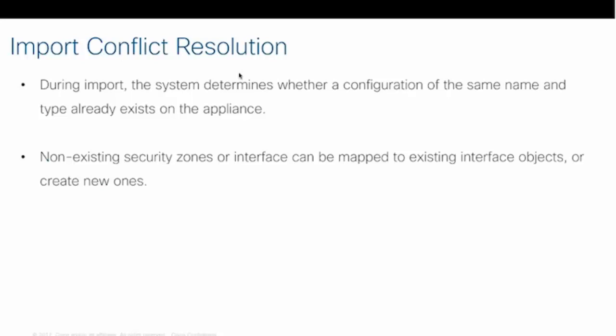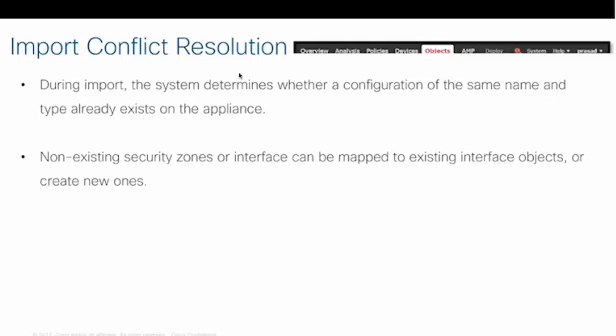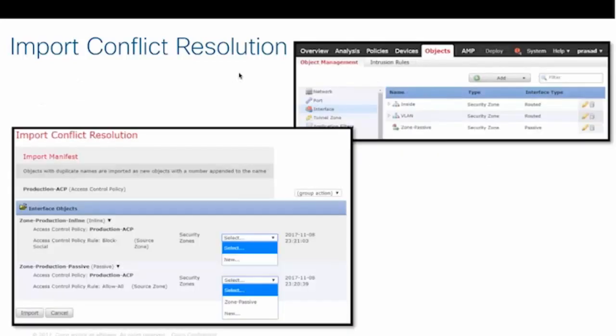Also, if the policy that we are trying to import is referencing any security zone that is not on the device, then the system will present us with an import conflict resolution page, as you can see here.